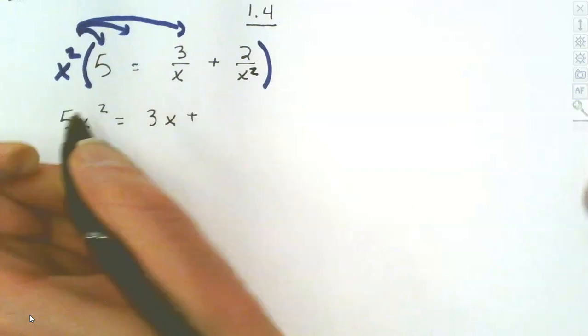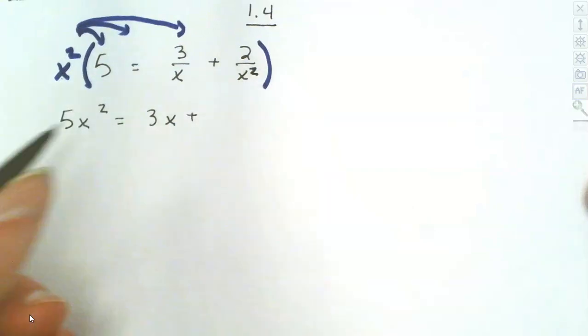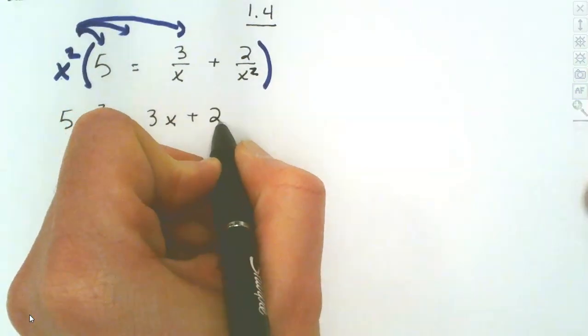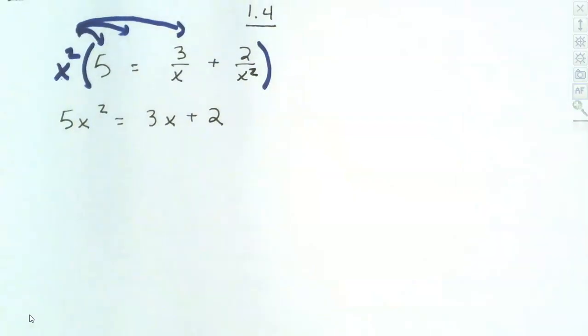And then the x squared and the x squared, those directly cancel. So that leaves you with a plus 2. Fractions are gone. We need to make sure that it's in the correct order. It might be in a different order, but we always need to make sure it's equal to 0, and the highest power of x squared is first.